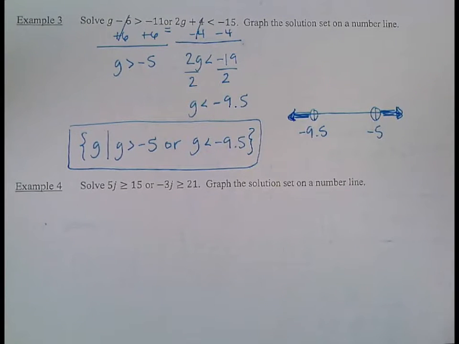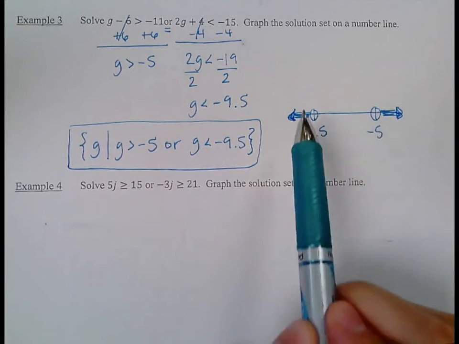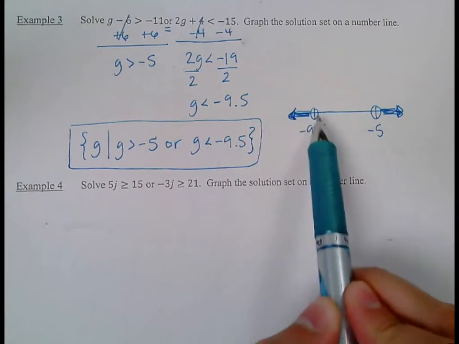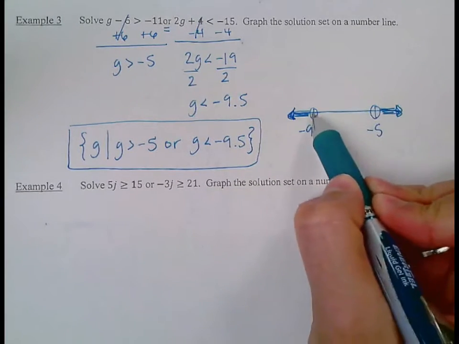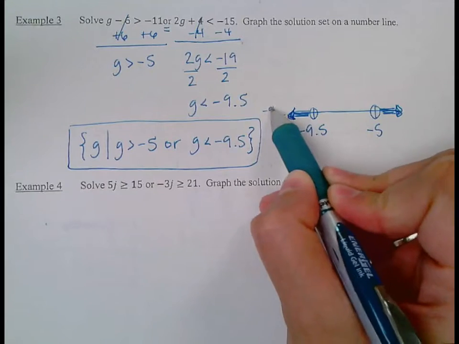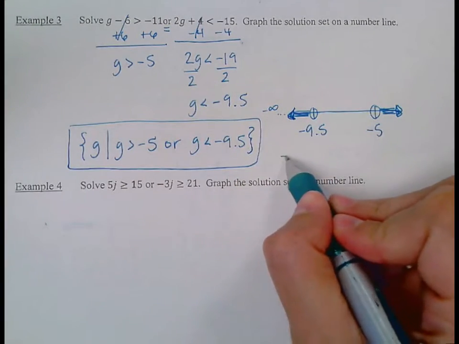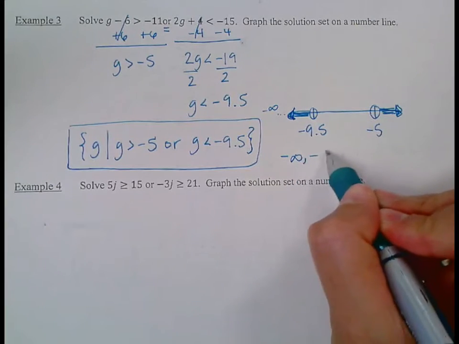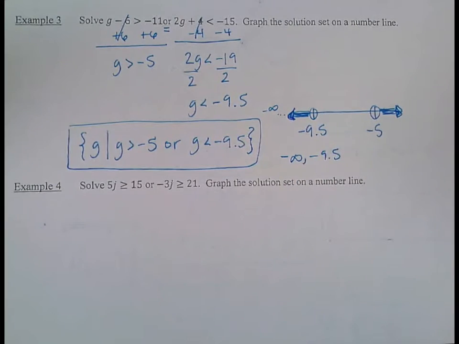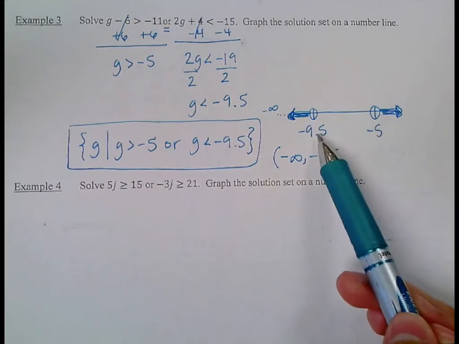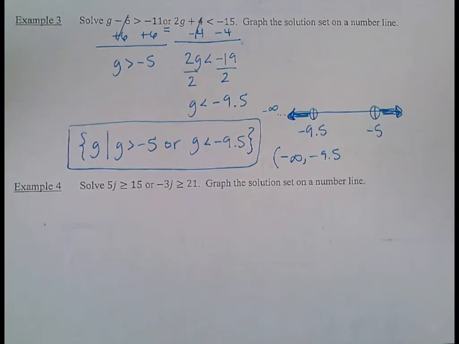The interval notation then, if I start with my leftmost interval, this is being shaded all the way down towards negative infinity. So one interval is negative infinity up to negative 9.5. Parenthesis on the negative infinity side. Negative 9.5 is an open circle, not included, so it also gets a parenthesis.